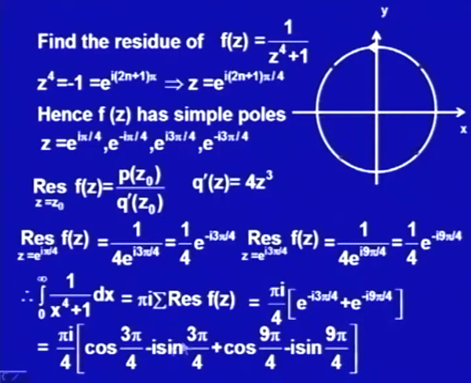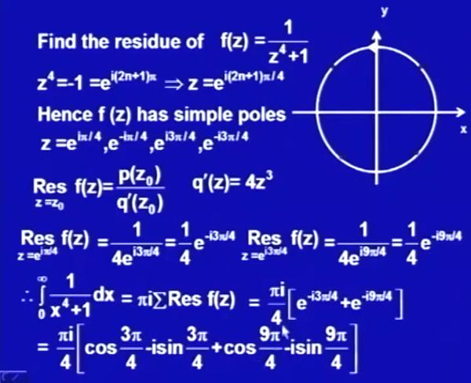Now, evaluate this. Cos 3 pi by 4 means this angle is your 3 pi by 4, and we do know cos 3 pi by 4 has value minus 1 by root 2, while sin 3 pi by 4 has value 1 upon square root 2. So, here we would get minus 1 by root 2 minus i by root 2.